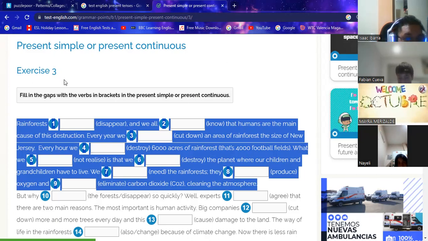Check it, please. No problem? Nayeli, no problem? No, miss. Fabian, it's okay? Isaac? No problem. Okay, let's continue to the second paragraph.